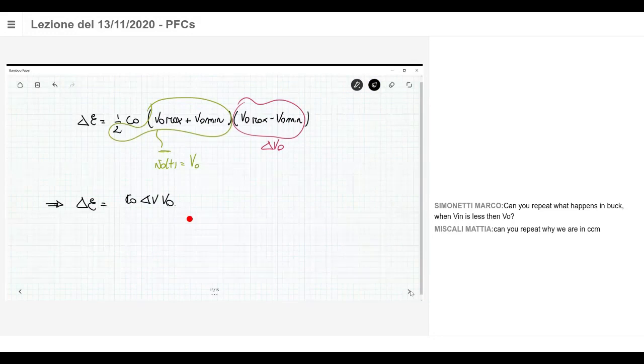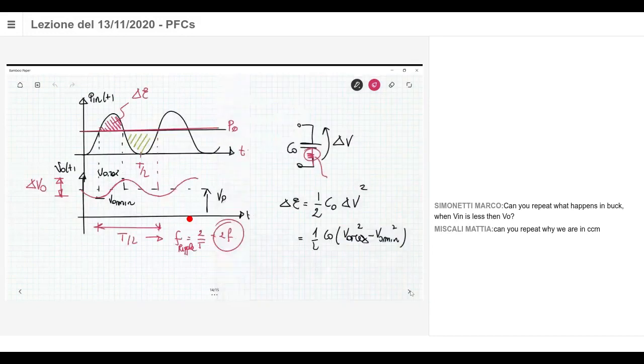This energy is the energy which is provided to the capacitor that makes it possible to increase the voltage. It is the energy which is provided here from V naught minimum to V naught maximum. Delta V is exactly given by this expression. This energy is the area under this sine wave.